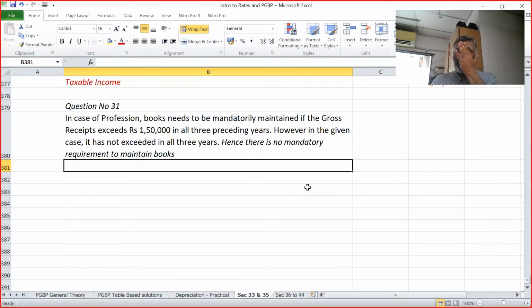In this case, there is no mandatory requirement to maintain books because it has not exceeded.